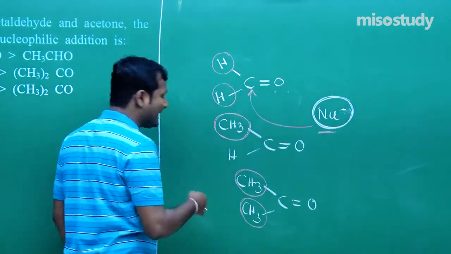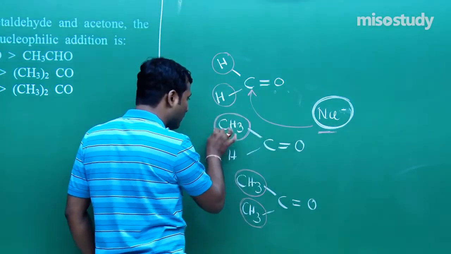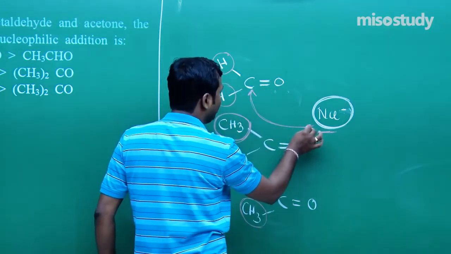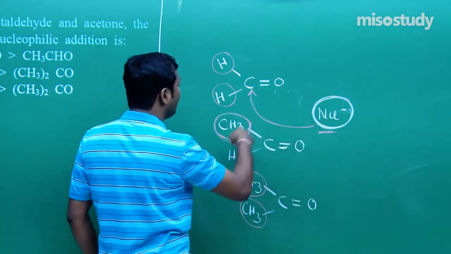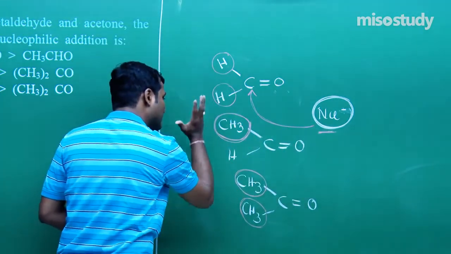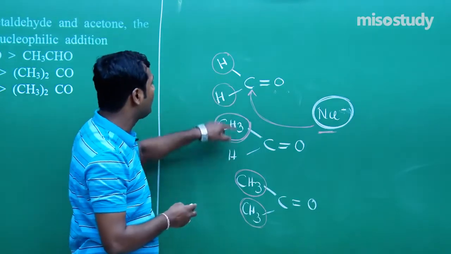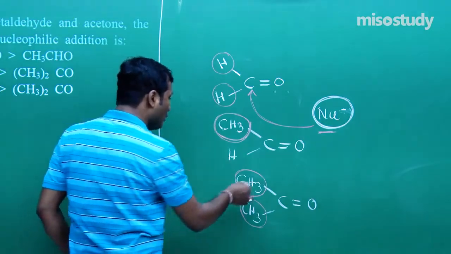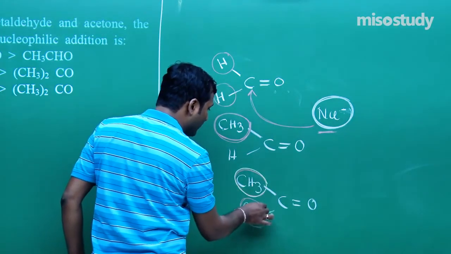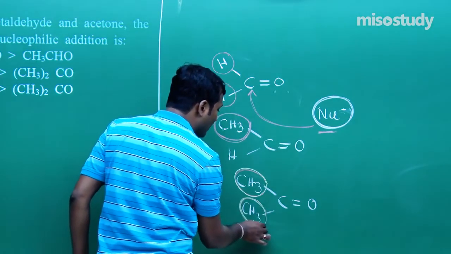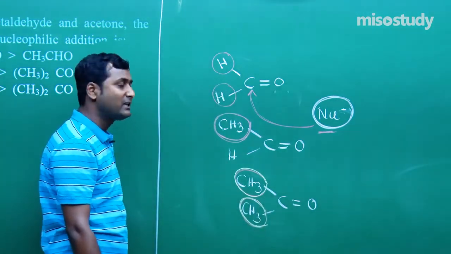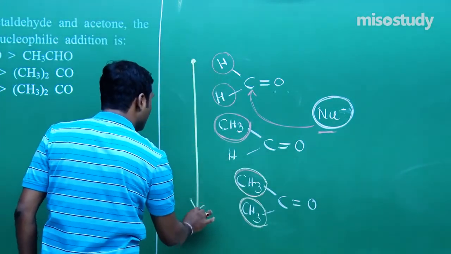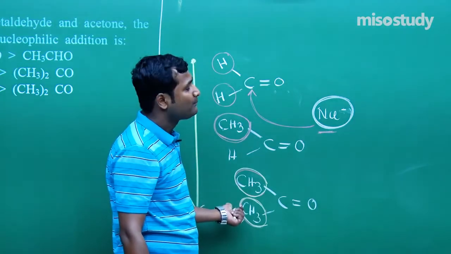But in acetaldehyde there is one alkyl group, so it will take more time to attack and will hinder the addition of the nucleophile. In ketone there are two alkyl groups, so it restricts the addition even more. Due to this reason, reactivity towards nucleophiles decreases from top to bottom. This effect is known as the steric effect.